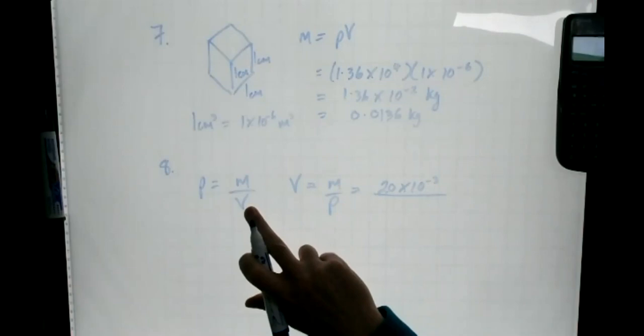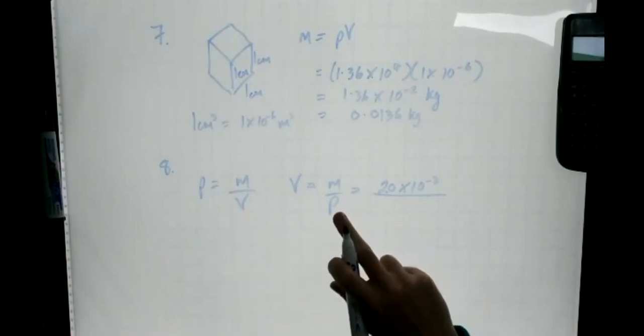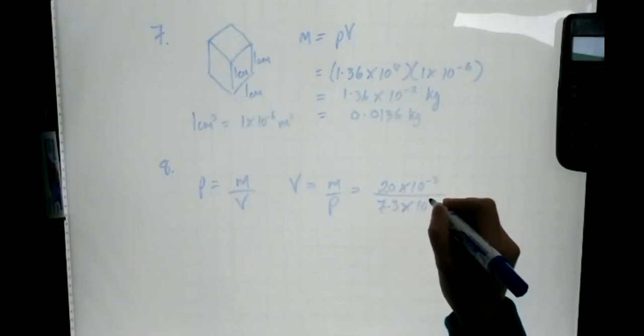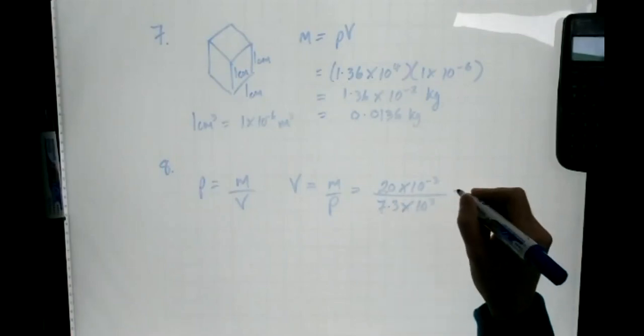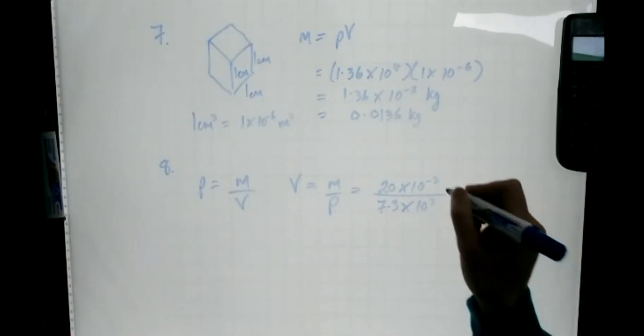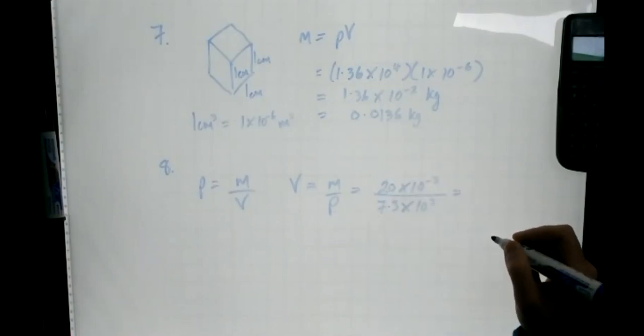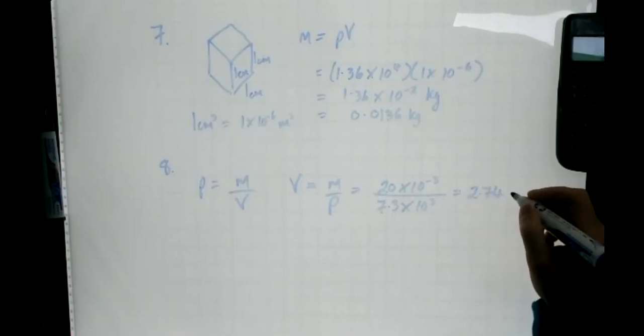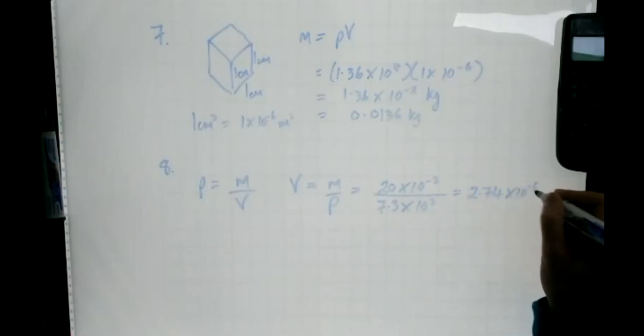The thickness of the layer is 2 by 10 to the power minus 6 meters. What is the area? The density of tin is 7.3 by 10 to the power of 3 kilograms per meter cubed. So the volume is, on the calculator, 2.74 by 10 to the power of minus 6 meters cubed.